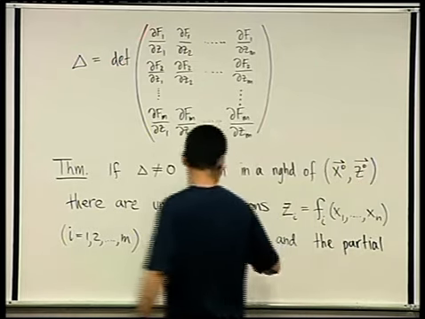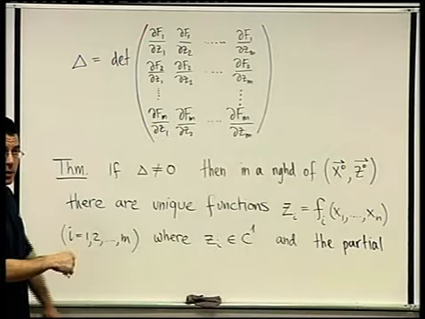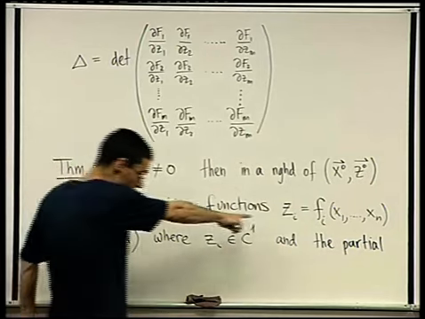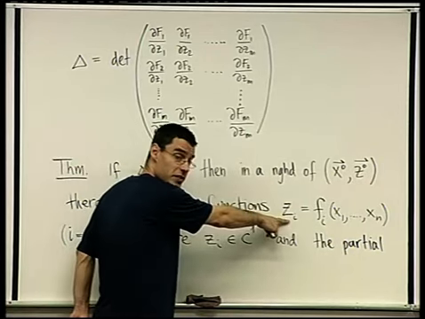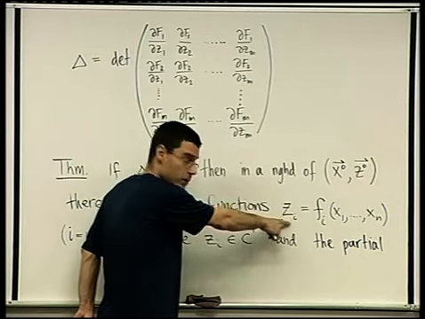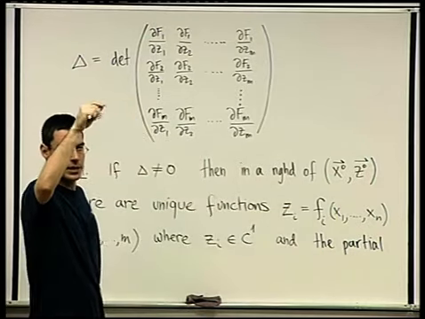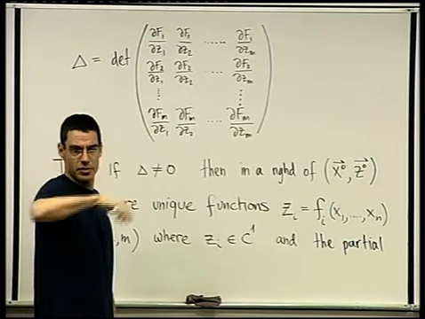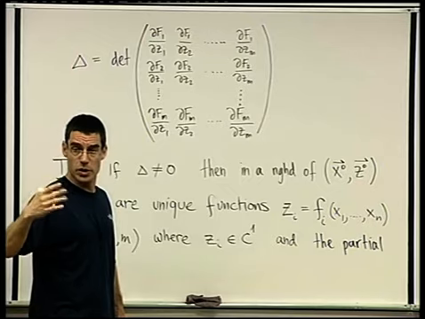So remember the implicit function theorem, the one equation one, gave us a formula to calculate the derivatives. Remember? It was minus df to dx divided by df to dy. Remember that sort of thing?